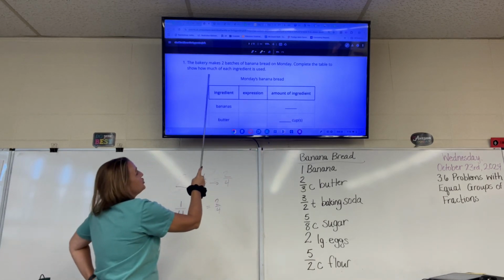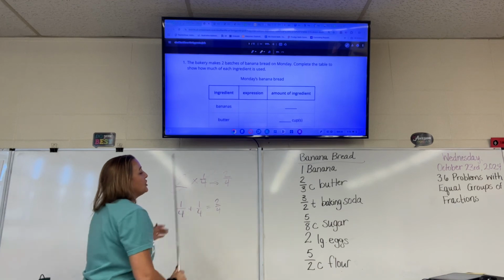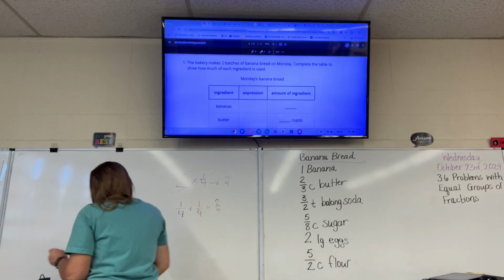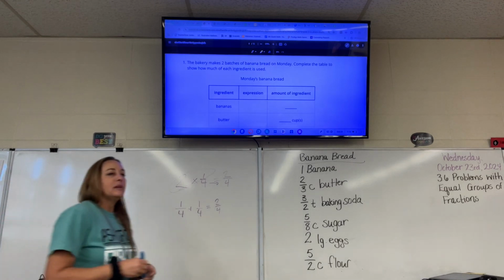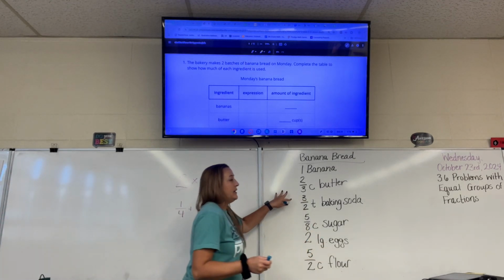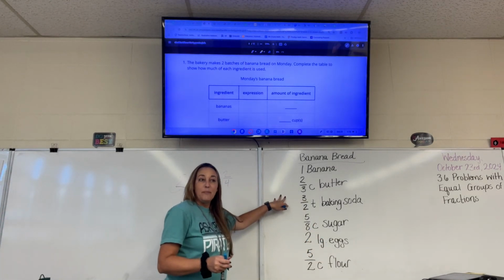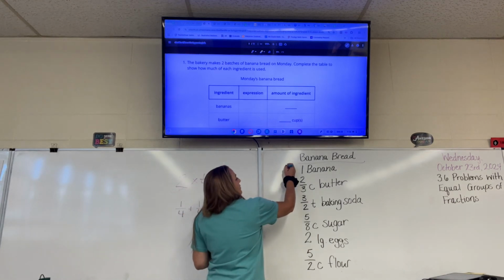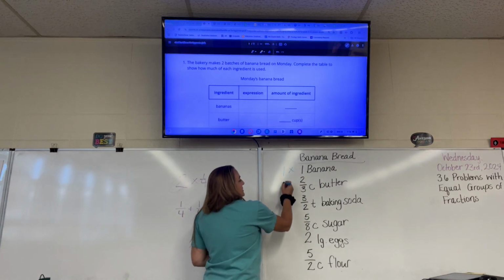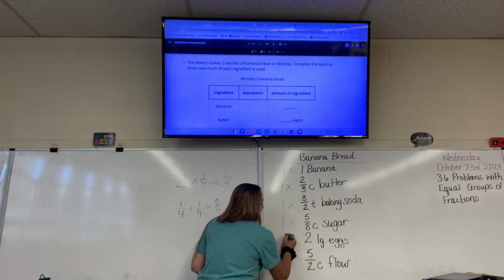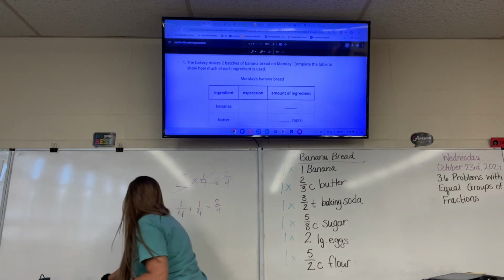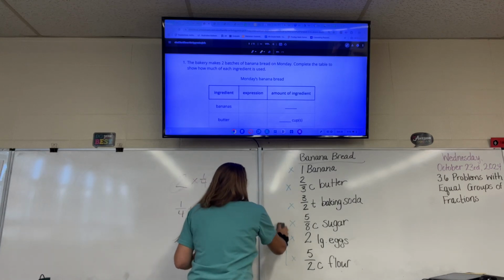Complete the table to show how much of each ingredient is used. So what we're going to do, Cameron, is this is the recipe for one batch, right? So it's kind of like 1 times each of these to make one batch. But we're now making 2 batches.